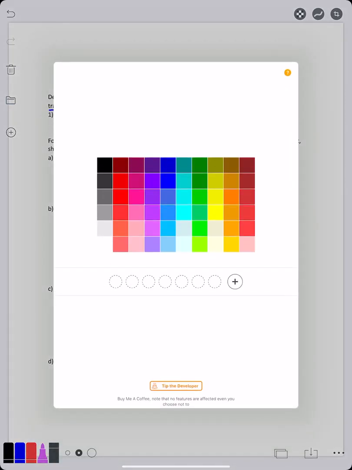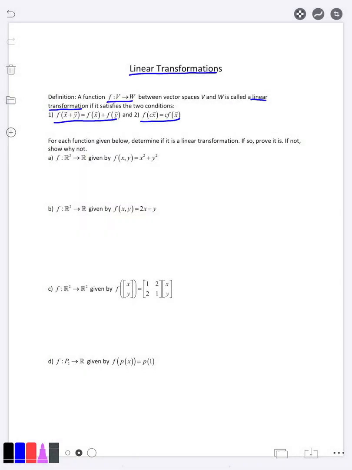Now before we go any further, I want to remind you what the subspace test was. We had to check whether, if you add two vectors, it was still in your set, and if you had a constant times a vector, it was still in your set. And you hopefully notice there are some similarities there with linear transformations, and that's because these two things together are what we mean for something to be linear.